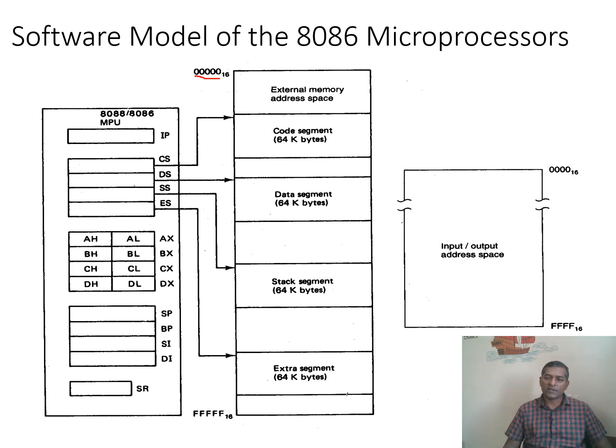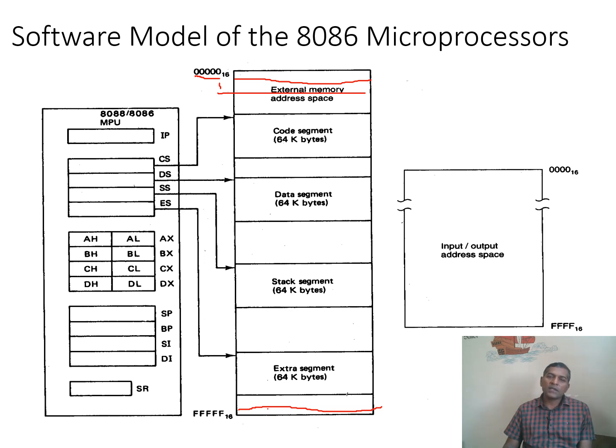These are the locations where the information is stored. This is the 0000th block, then the 0001th block, then the second, and so on. FFFF will be the last space where information can be stored. These memory spaces can be accessed using these location addresses, 0000 to FFFF.